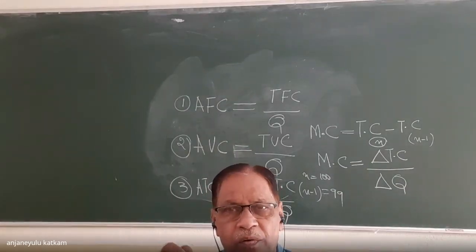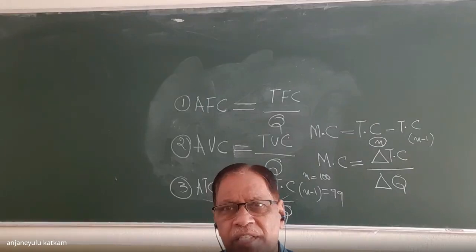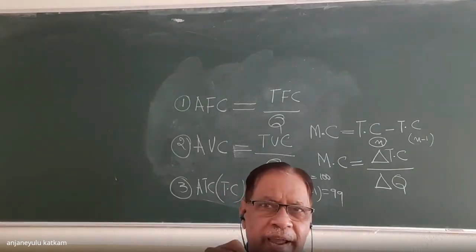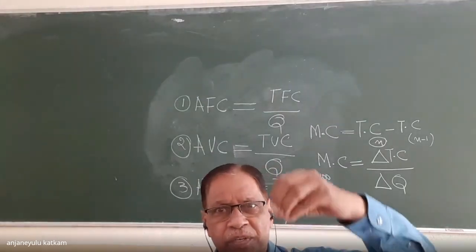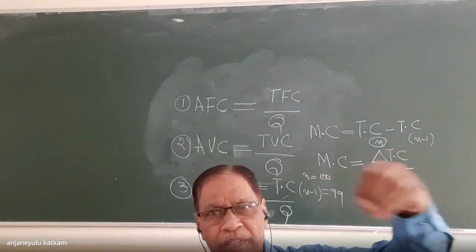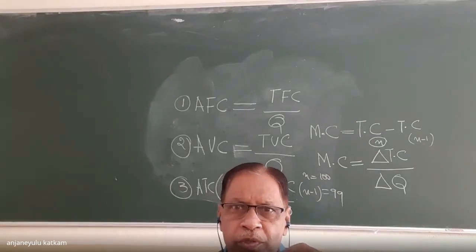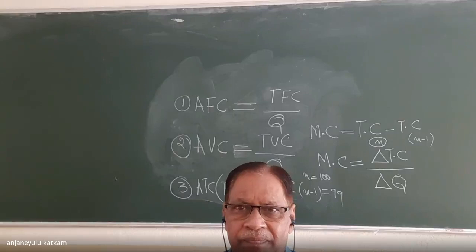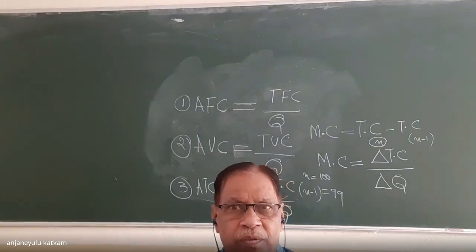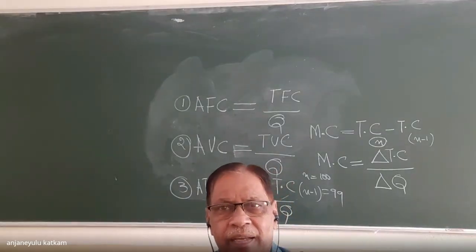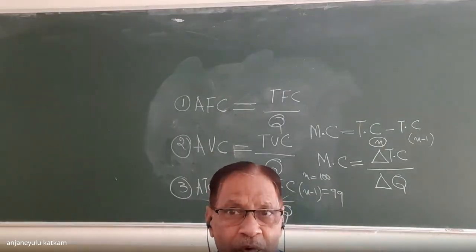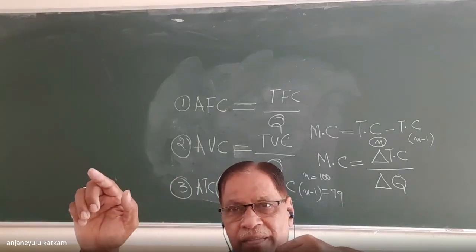Now, why do we take this concept of sunk cost? To understand whether the past expenditure on the building is useful for decision making or not. We say that sunk cost is not useful for decision making.